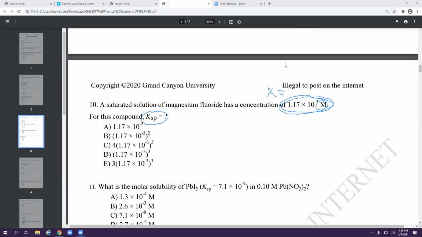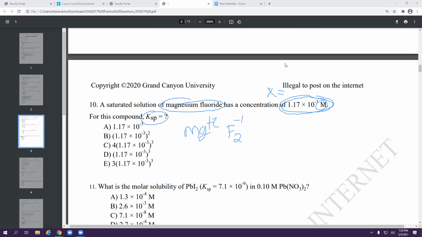Because it's magnesium fluoride. Magnesium is located in what group? 1, 2, or 3? 2. So magnesium has what charge? Fluorine is a halogen, right? It has a -1 charge. So how many fluorines do I need to bond to my magnesium?